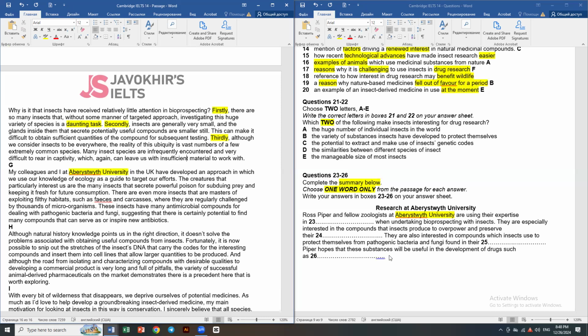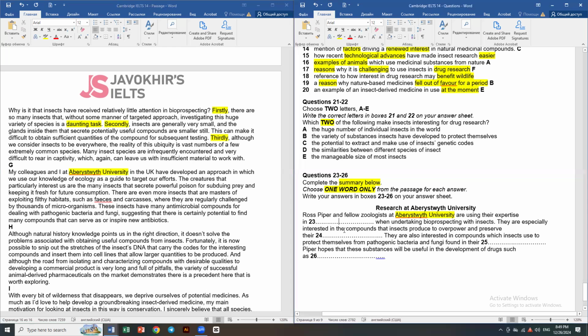Piper hopes that these substances will be useful in the development of drugs such as something. All right. They are especially interested in the compounds. Well, my colleagues and I at Aberystwyth University in the UK have developed an approach in which we use our knowledge of ecology as a guide to target our efforts.